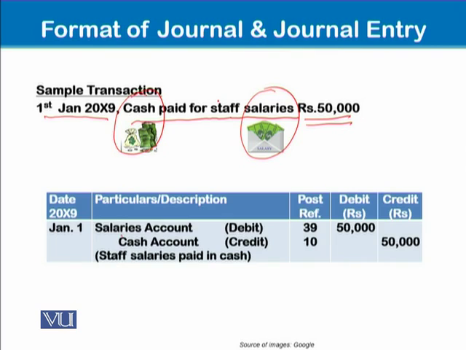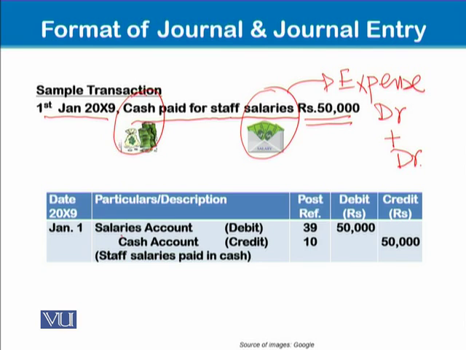Before recording in the journal, we have to analyze it for debit and credit. Salaries belong to expense. This is what you would be doing in your mind. Expense is of debit nature, and there is an increase in expense because of this transaction. Therefore, we shall debit this salary.